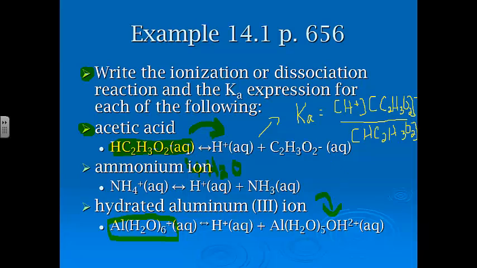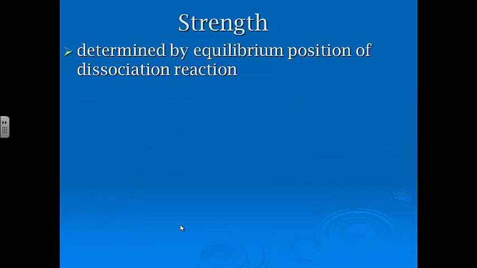I really hope this beginning one is simple. That's the gut feeling. And then you're just going to follow the same things over here. For the ammonium ion, your Ka would be your hydrogen ion and your ammonia over your ammonium. Now I don't have enough space, but you do the same thing down here with the hydrated aluminum 3 ion. And you can see that on page 656.